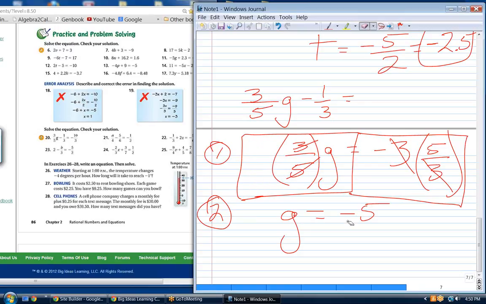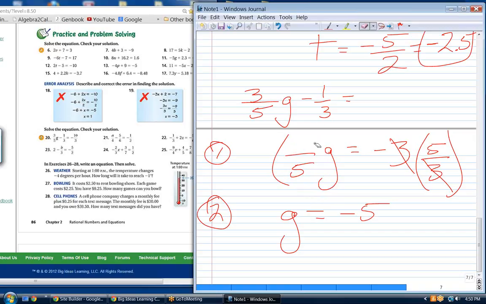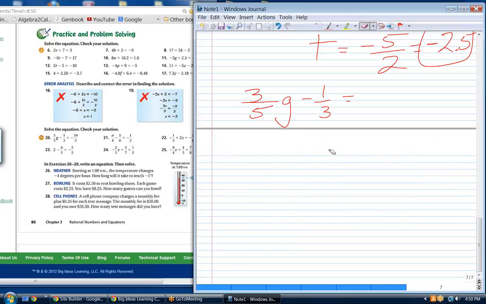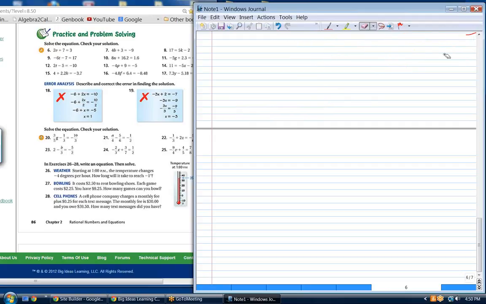Let's do it in 2 steps. First step being multiply both sides by 5. The typical first step would be to multiply both sides by the denominator. And then the next step would be to divide both sides by 3. So depends on how you want to do these. Sometimes you can take a shortcut, sometimes you can't. It kind of comes down to how accurate you are in making your shortcuts.